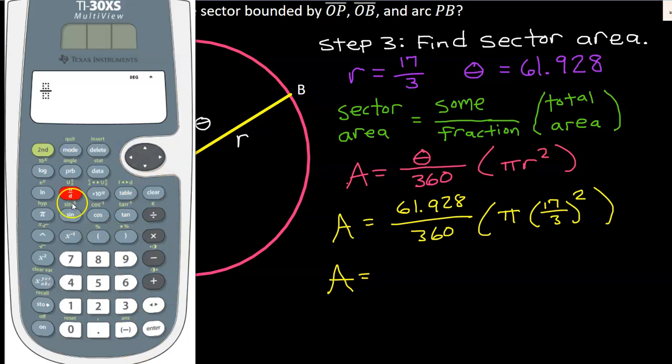Here we go. So I've got my 61.928 over 360. And then I've got pi times 17 over 3 squared.